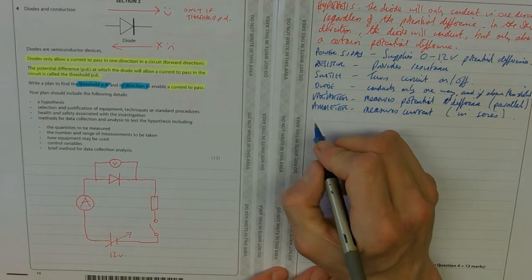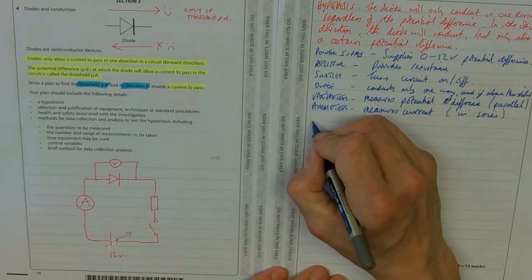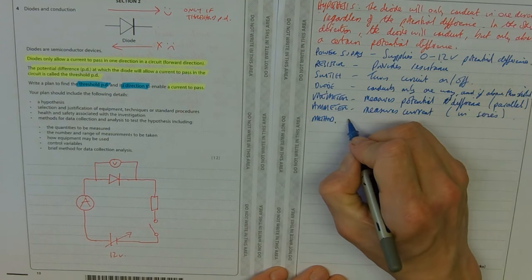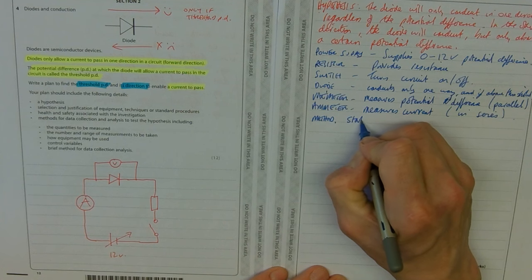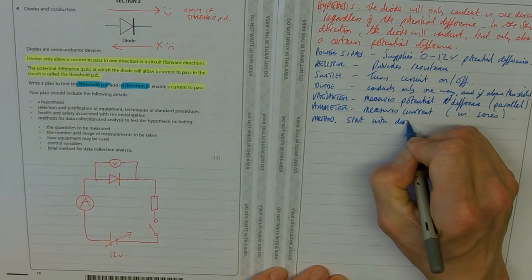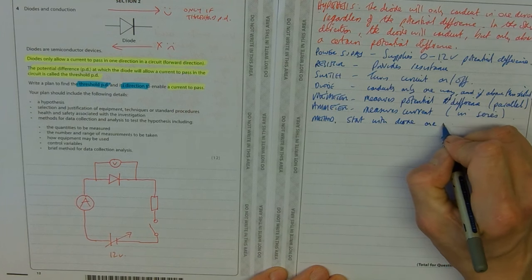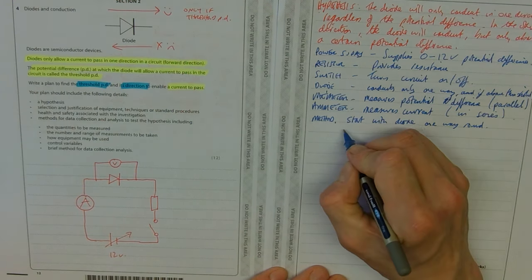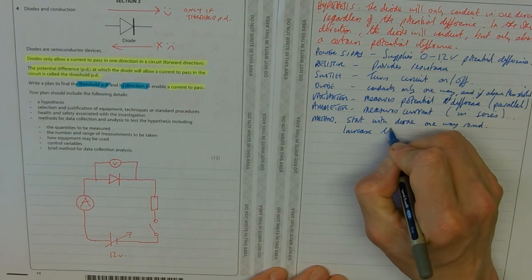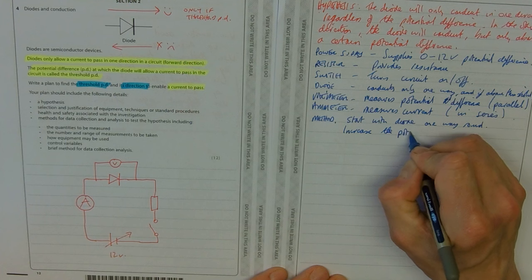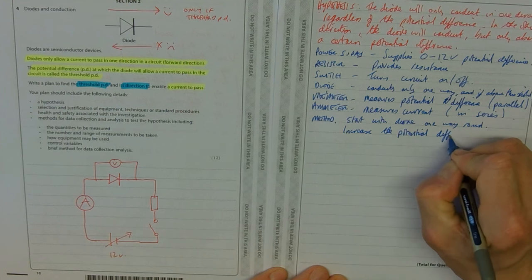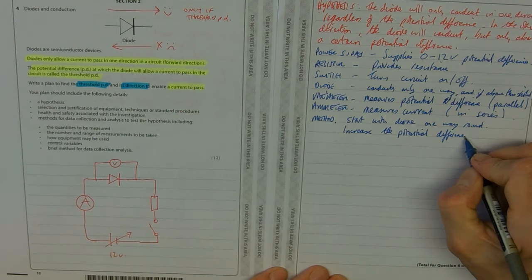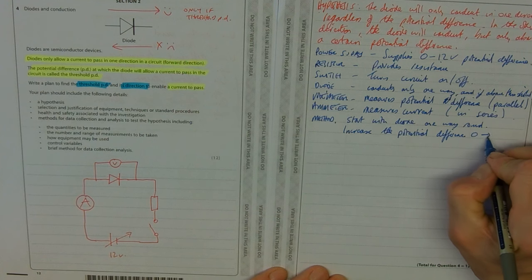So our method: start with the diode one way round, increase the potential difference from 0 to say 12 volts.